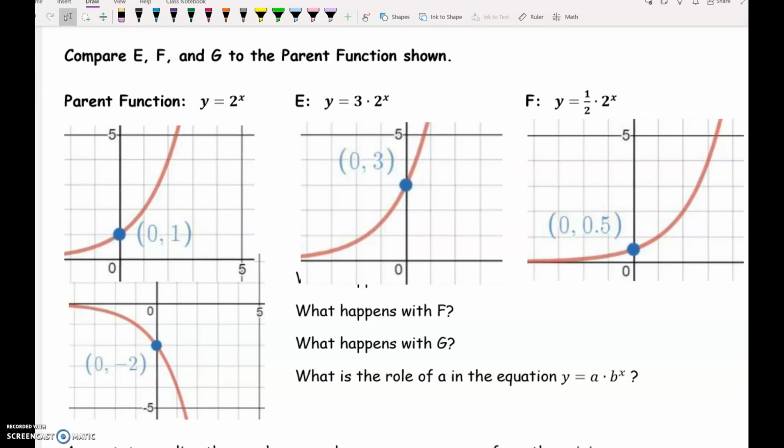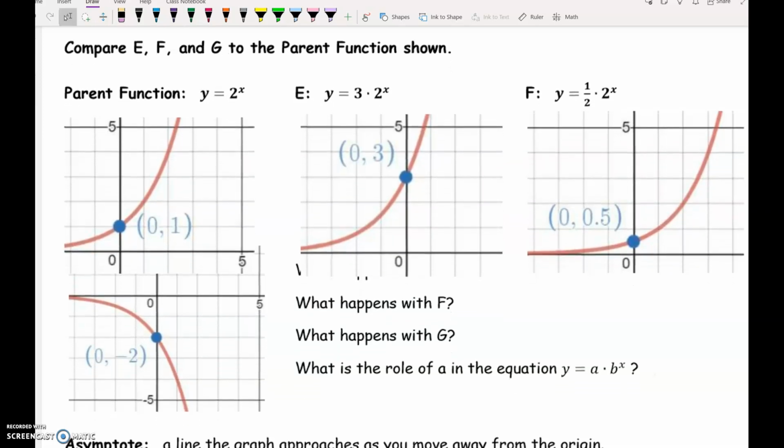Okay, this next part is showing a number in front. So if we start with y equals 2 to the x, if we make it 3 times 2 to the x, notice that 3 becomes the y-intercept. This one is really 1 times 2 to the x, and it crosses the y-axis at 1.